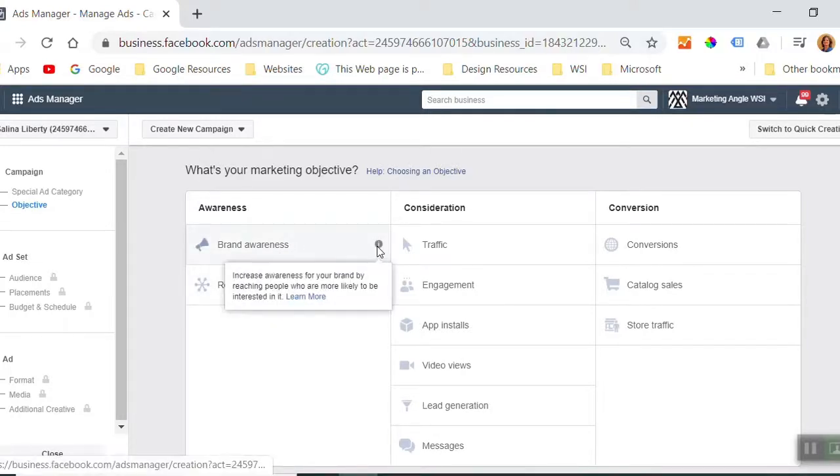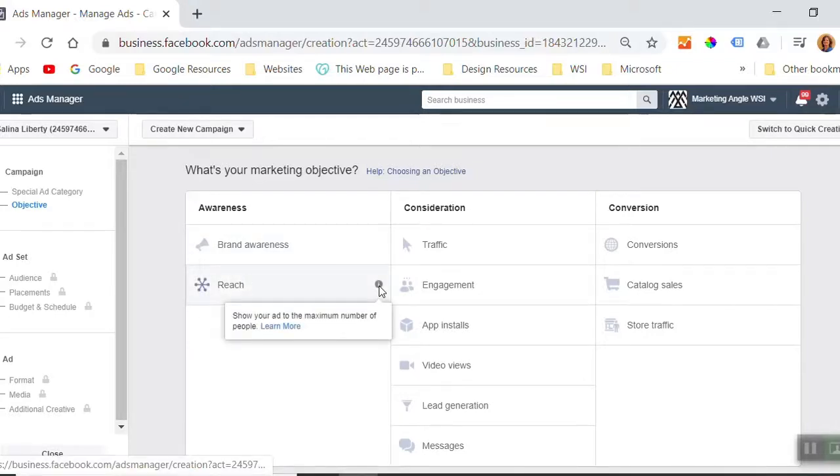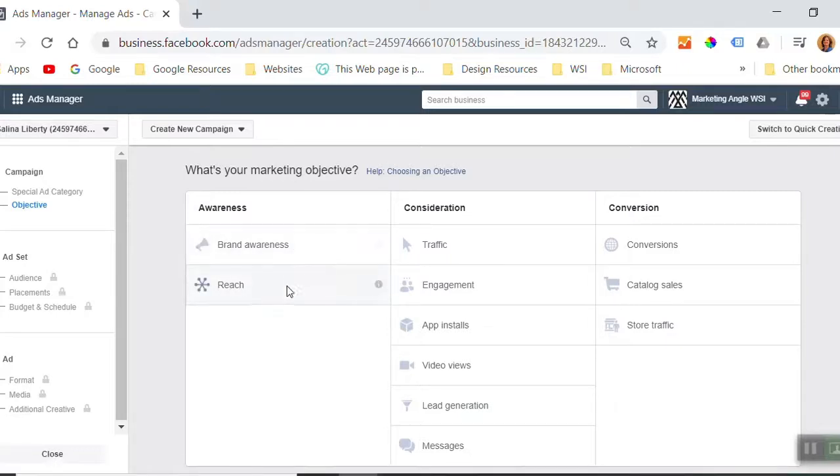And then again, here's the little i, so I can see what is going on. I can increase the awareness, or the reach is going to show your ads to the maximum number of people. And there's just different settings that it does, and it's different in the way it manages the ad.